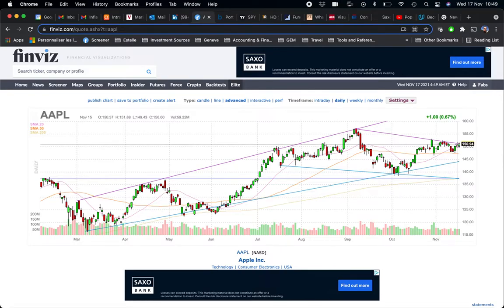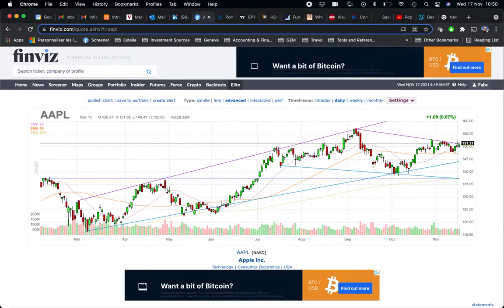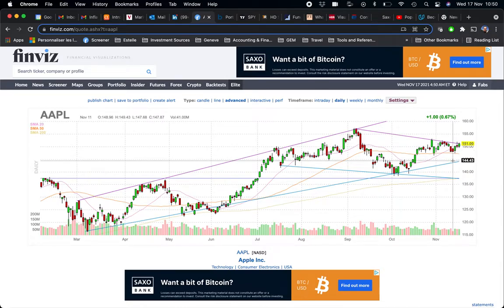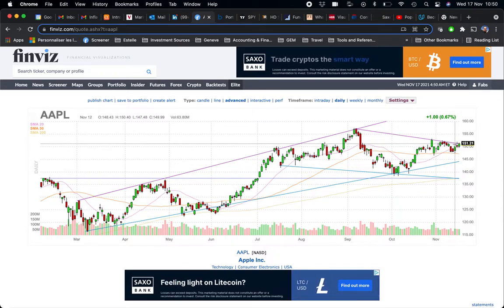So what do you do now, when the stock has moved up and you have some doubts about what's going to happen next in the market? How can you protect this 4% you have now in your portfolio?